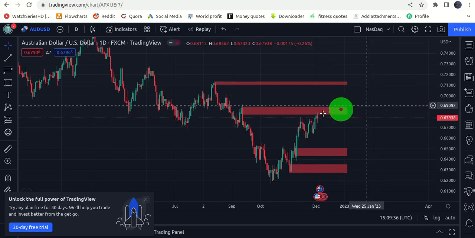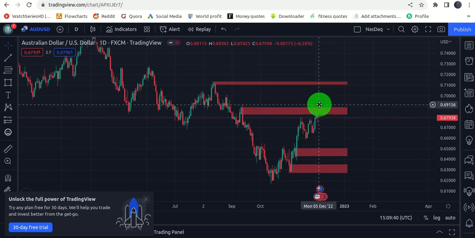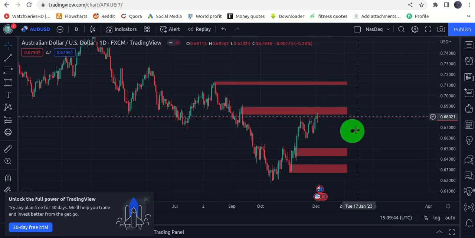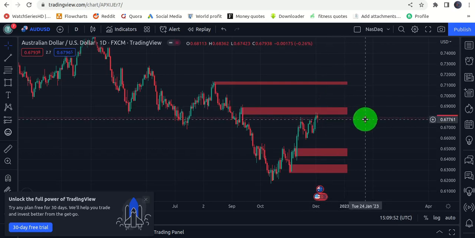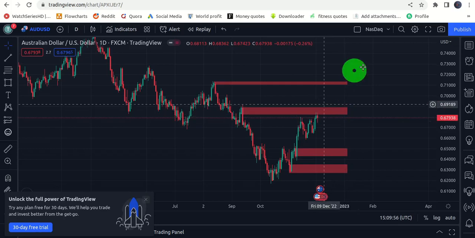But yeah, we'll have to see, because it already touched the order block twice, and then it closed on a selling candle. So we will have to wait and see how it plays. But at the moment, it's looking good for a sell. But on Monday, market might open up with a gap, so we'll just have to wait and see.